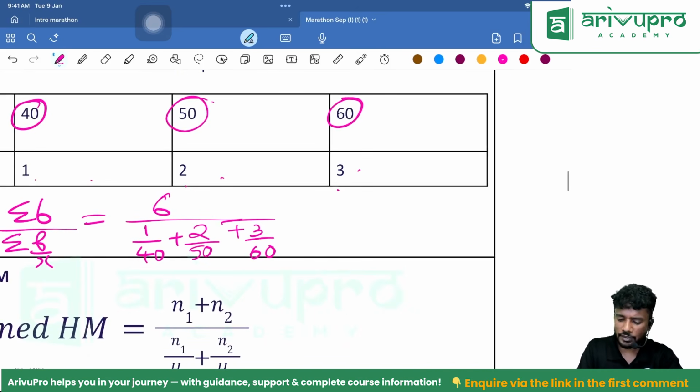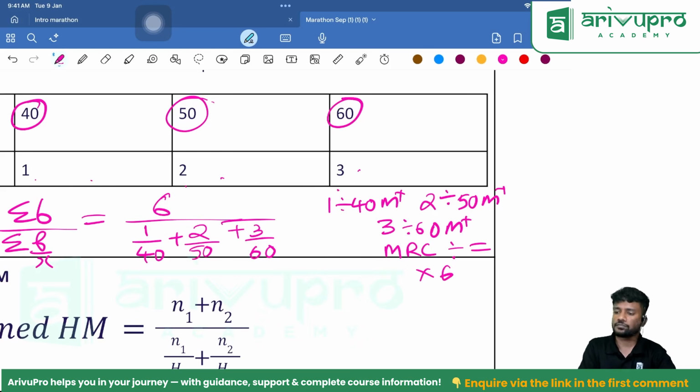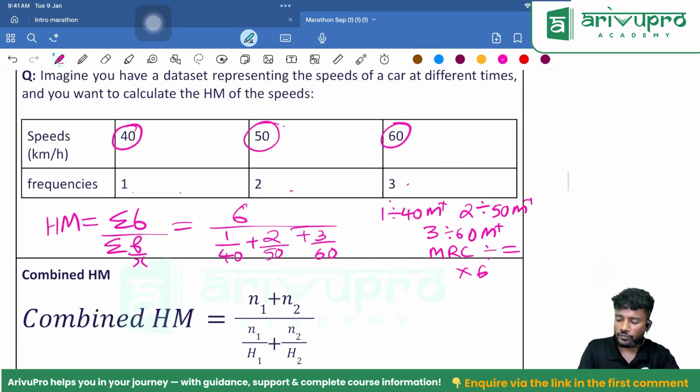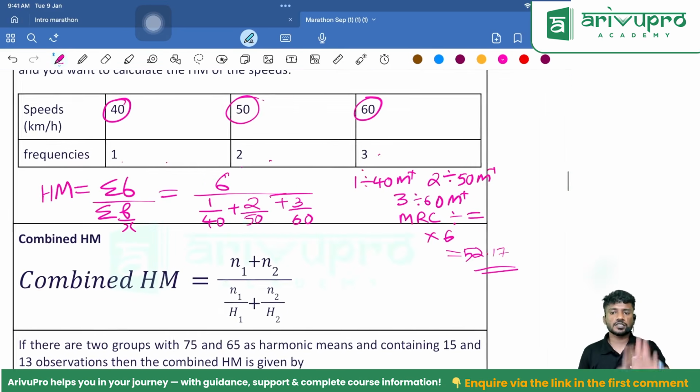Find the denominator: 1 divided by 40 plus 2 divided by 50 plus 3 divided by 60, and finally click the memory recall, divide, equal to, multiplied with 6. How much is the answer? 52.17. Yes. Fine. Understood this?